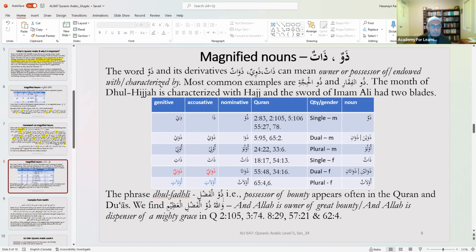And in fact, the phrase Dhul Fadl is used often, possessor of bounty. Allah is the possessor of bounty. Fadl is the grace or bounty of Allah.